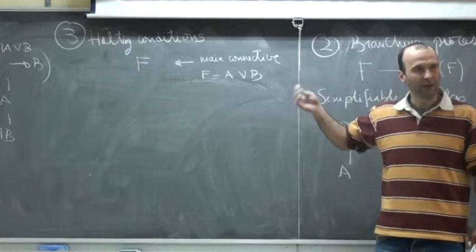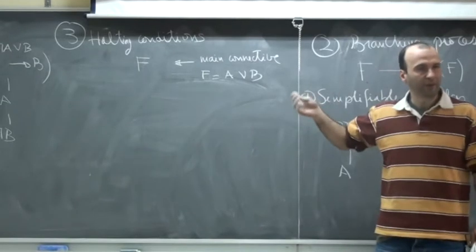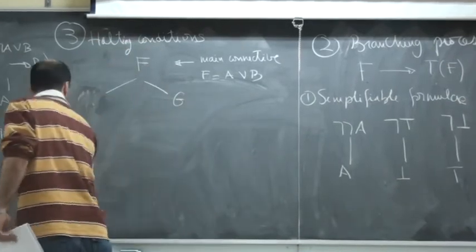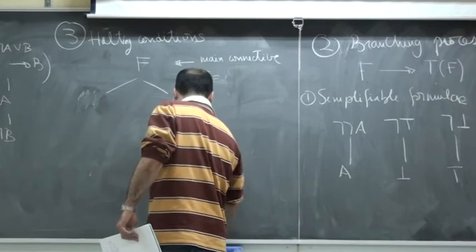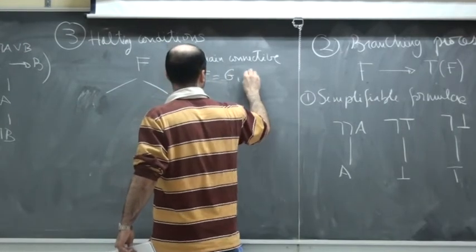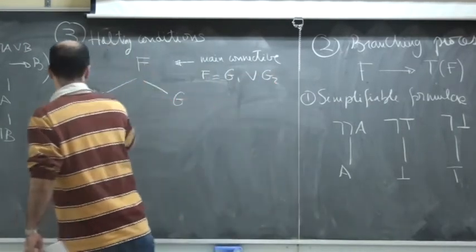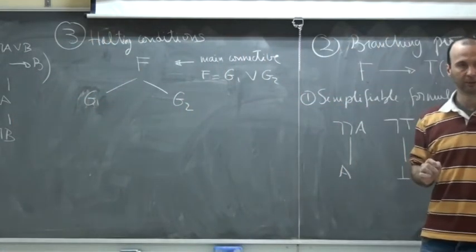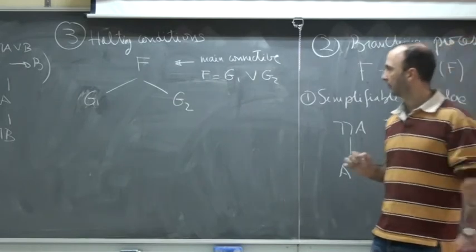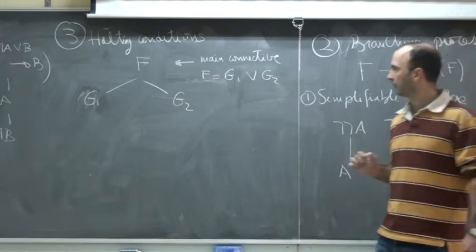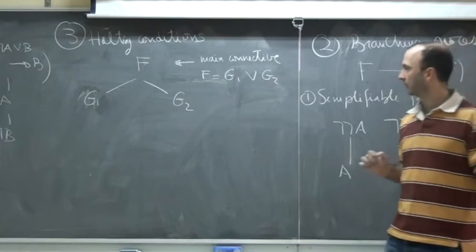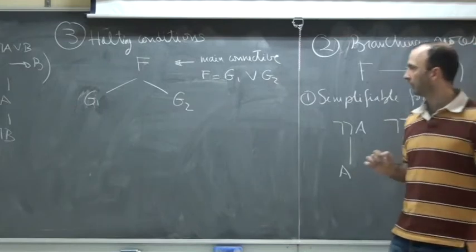Then I will do G1. Well, okay, I don't want to get many subscripts. So I will get that. Then I have to carry on and say that G1 is of the form G3 and G4.